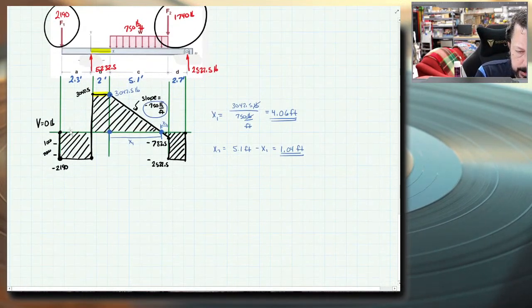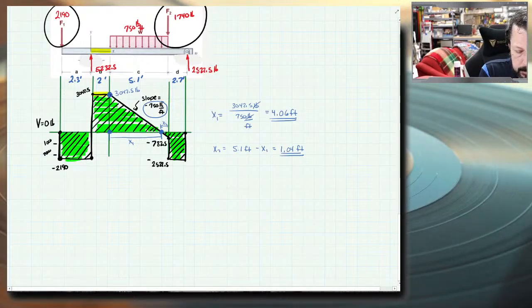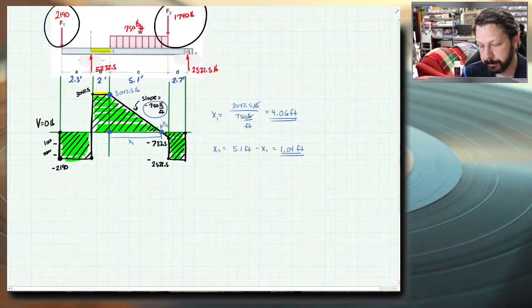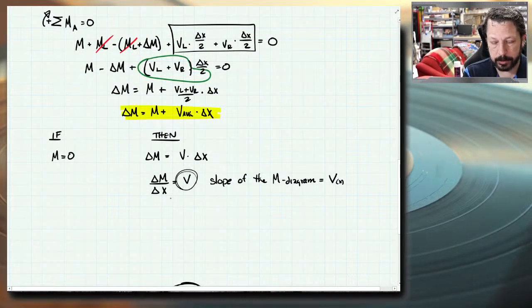Remember this area here and here. That little piece. That is the shear diagram. And so a lot of places the shear is constant. Like it's not 0 here, but it's just a constant. And so if I have a constant shear, then that means I have a constant slope in the moment diagram.